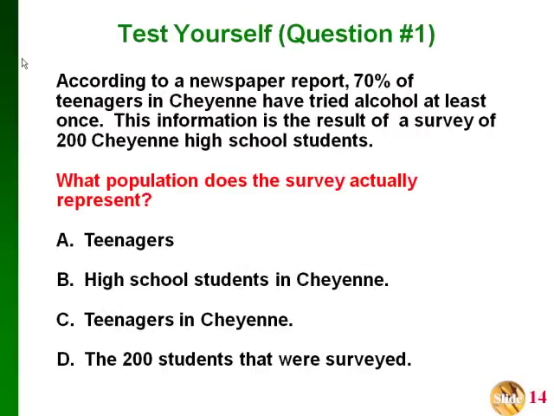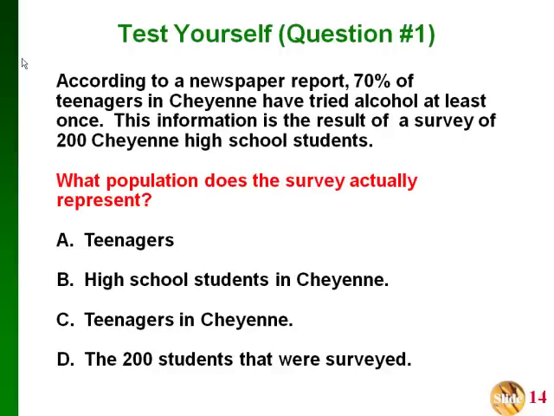Okay, here's a question for you to try. According to a newspaper report, 70% of teenagers in Cheyenne have tried alcohol at least once. This information is the result of a survey of 200 Cheyenne high school students. So the first question is, what population does the survey actually represent?